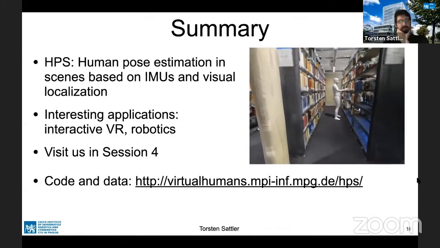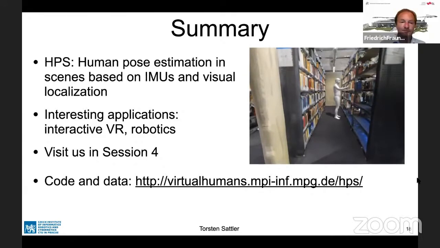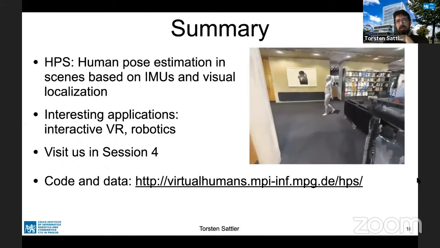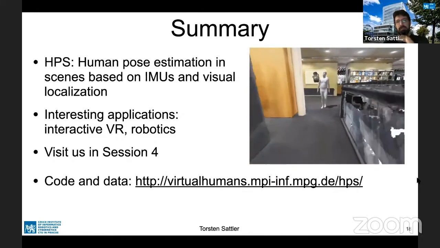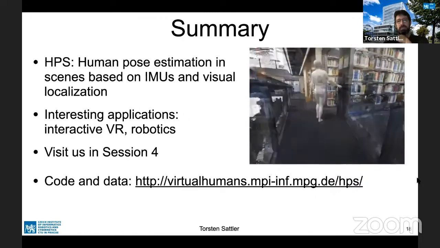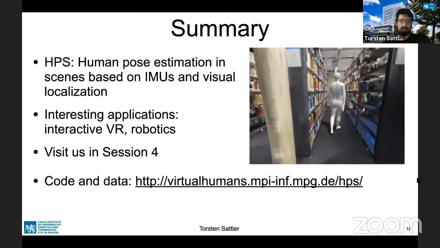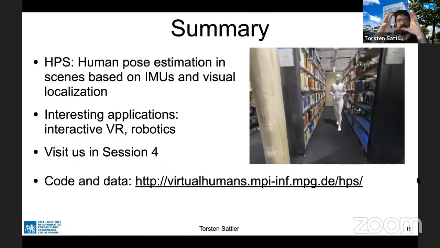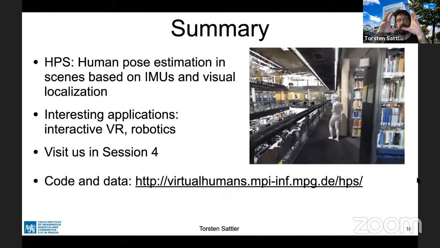So that's a good question. What it means is that the IMUs give you relative poses, so to speak. That's how we use them. We're not accumulating the whole thing over the full sequence, but we're looking at short sequences where IMUs are actually not drifting that much.